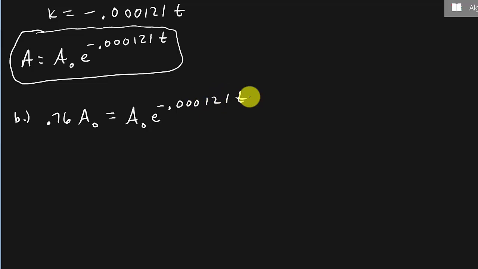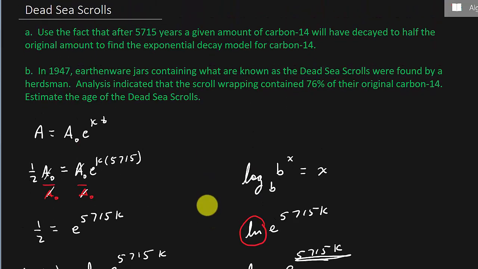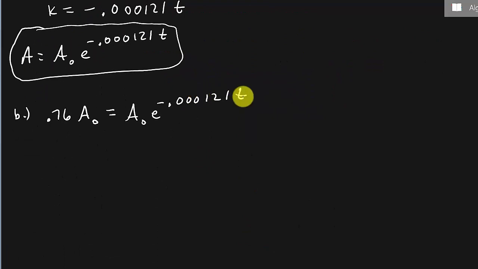So what do I need to do? Well, let's go back up here first. Remember, if I take 5,715 years, that's t, and I plug it in for t, that gives me half of A0. Well, here I have 76% of the original amount, and I want to figure out what t needs to be. So I'm going to solve this for t.